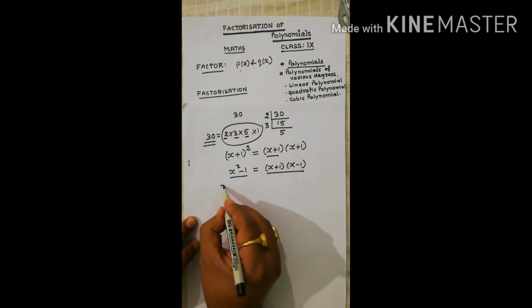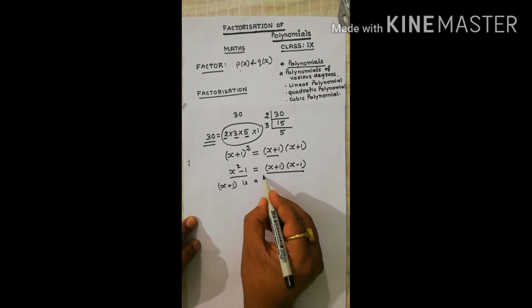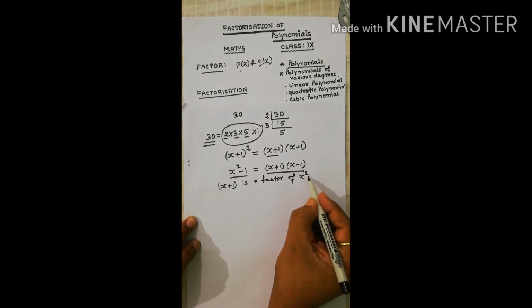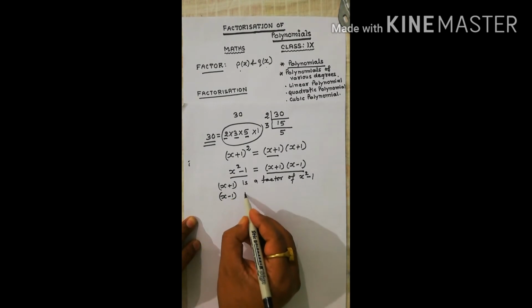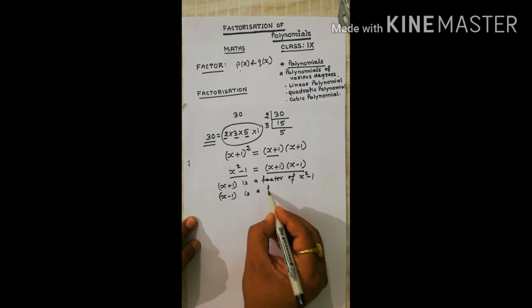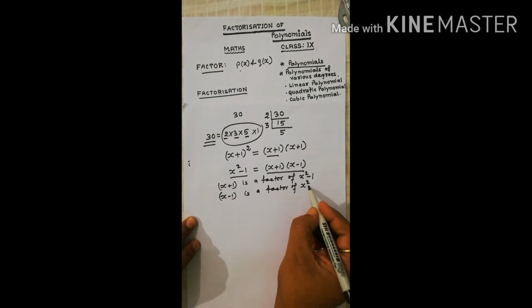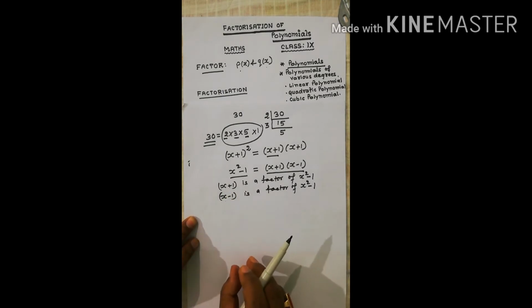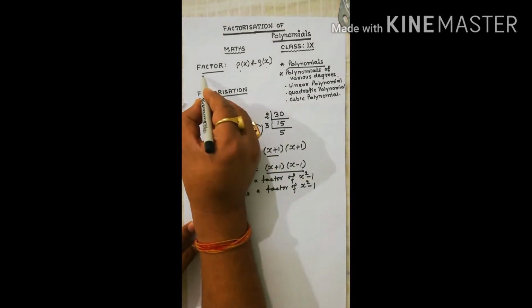So x plus 1 is a factor of x square minus 1. Similarly, x minus 1 is a factor of x square minus 1. So factor is that polynomial which divides the given polynomial exactly. I think it is clear what is factor.